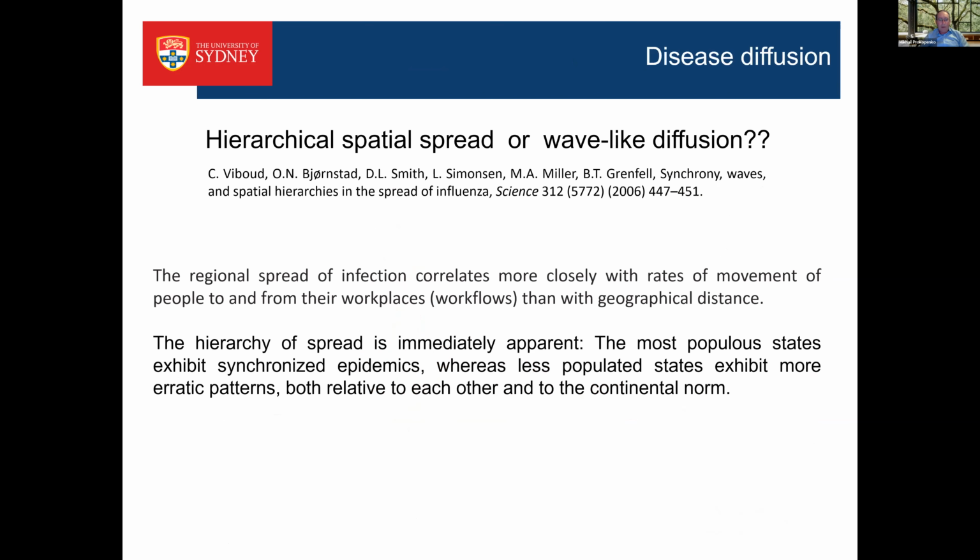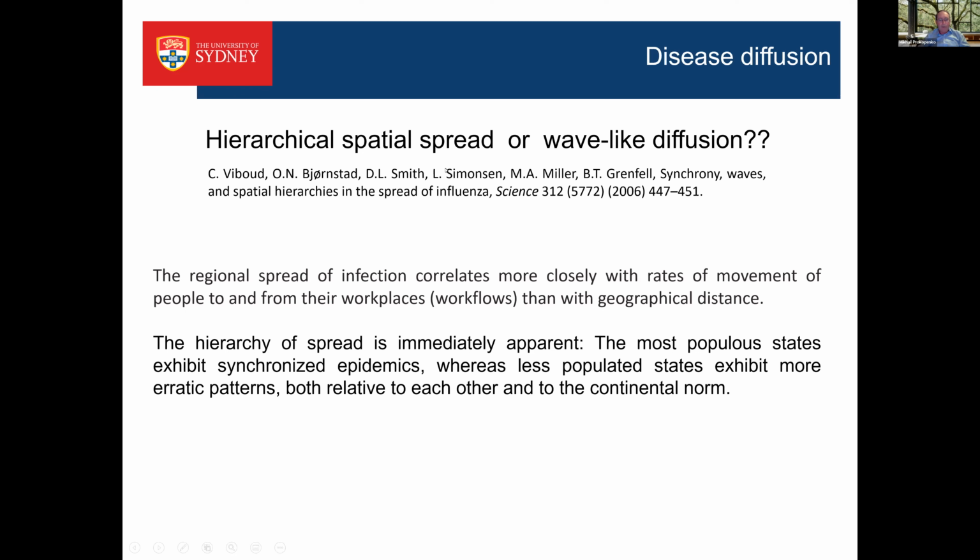An interesting research question that we looked at was this question of hierarchical spatial spread or wave-like diffusion. Wave-like diffusion is more like these concentric circles growing around each of the points where you get infection.